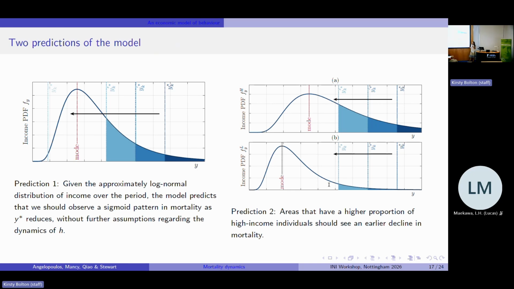Prediction 2, areas that have a higher proportion of high income individuals should see an earlier decline in mortality. So in our top figure in A, we have a distribution of income that has more high income individuals in it. And we can see that we start picking them up much earlier, or we pick up more of them earlier than if we take the same figure for an area that has higher income inequality and fewer individuals with high incomes.